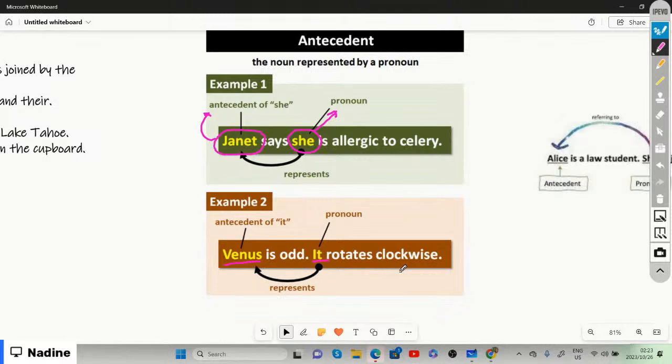It rotates clockwise, which means that instead of saying Venus is odd, Venus rotates clockwise, we represent it with the word it. So Venus is then our noun or antecedent, and it is our pronoun representing Venus.